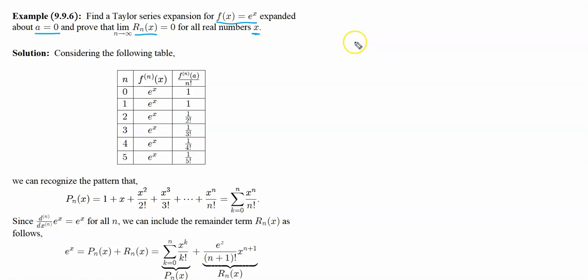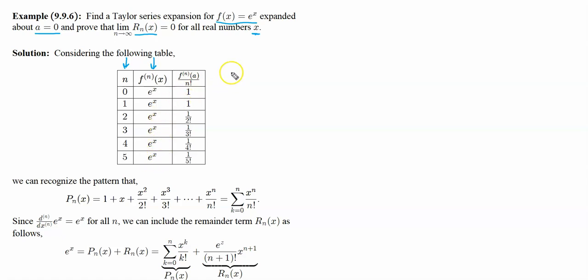All right, so to find the Taylor series expansion for e to the x about a equaling 0, remember we create this table down here. So here we have our n column. Here we have the nth derivative of our exponential function. Notice it's just e to the x going all the way down.